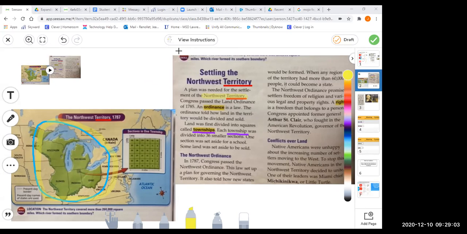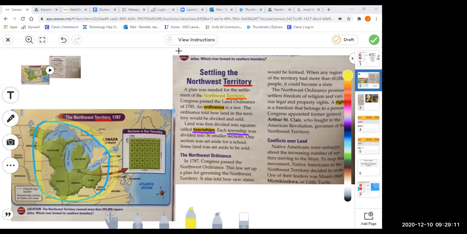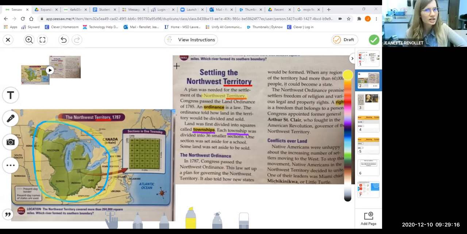We talked about them building laws, right? They had to come up with the rules. So Landon is sharing out that they started coming up with laws. This one was called an ordinance. Thank you, Landon, for mentioning that. That's super important. Are there any other ideas from slide 2 about our text today that we all need to know?